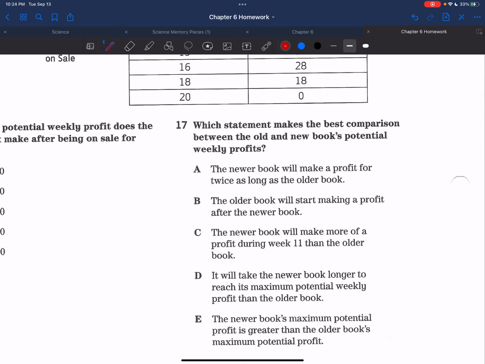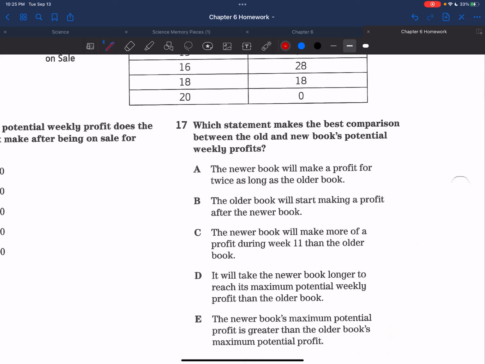The newer book will make more of a profit during week 11 than the older book. It will take the newer book longer to reach its maximum potential weekly profit than the older book. The newer book's maximum potential profit is greater than the older book's maximum potential profit. And we're looking for the one that is true, that is the best comparison.